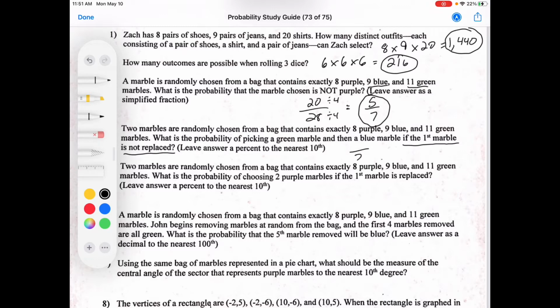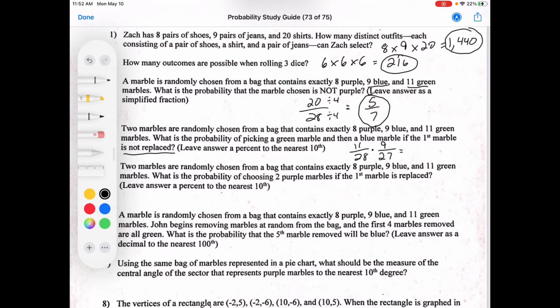Well, there's 28 in there. There's 11 green. Okay, so I'm not going to put that marble back. So we place it aside and reach back in the bag. So now there's only 27 marbles in the bag. What's the probability that the second marble will be blue? Well, there's still 9 blue ones in there. So 9 over 27.